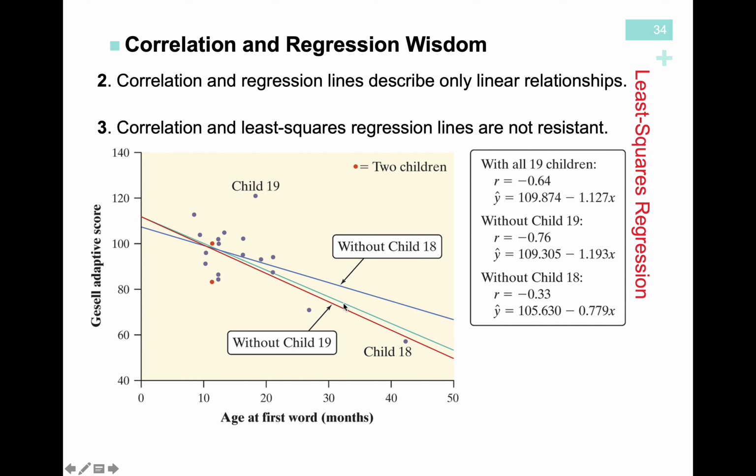If we take away child 18, it significantly changes it. Like I said, I can't remember if we did this before or not, but regardless, it turns out that outliers in the x sense, in the left and right direction, typically have a stronger pull, stronger change on the line in its equation than one in the y sense.